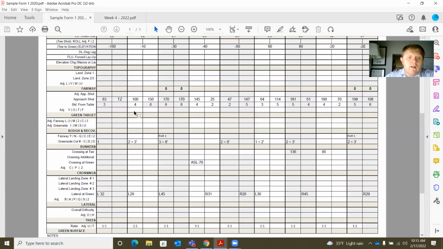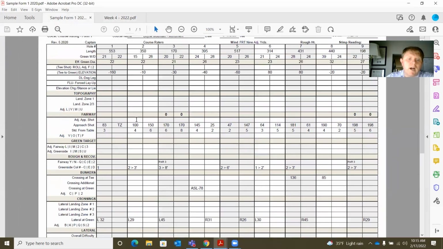All right, so I just want to go through a couple things. We've talked about some of these items before, but one of the most common scenarios where you actually do need to look up the green target value is when you have effective playing length adjustments. So if we have dog legs or forced layups, we're going to have to change our approach shot like we've shown before.